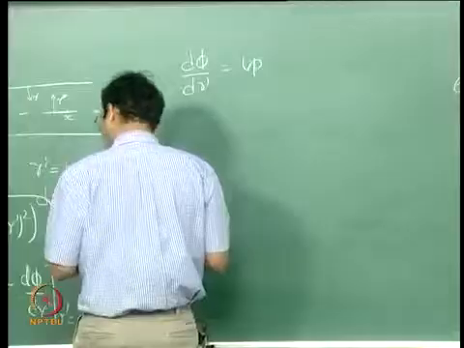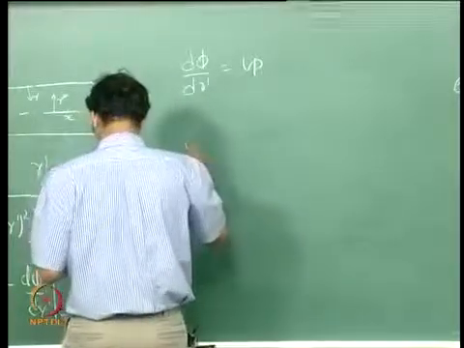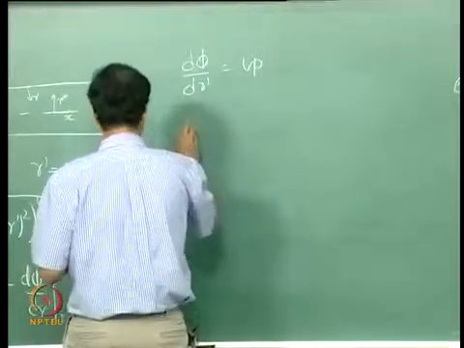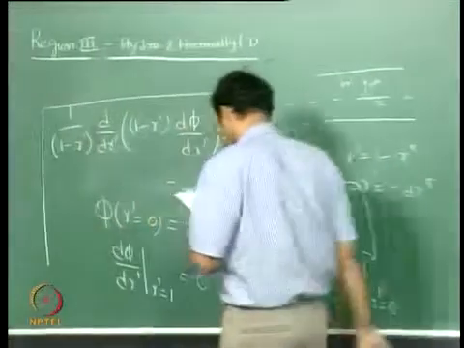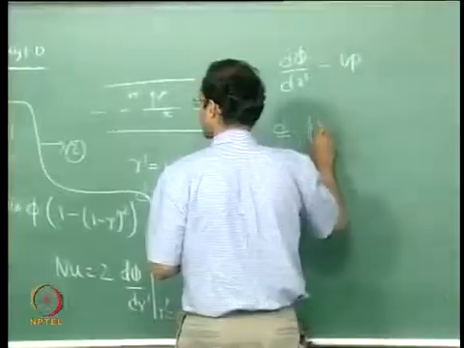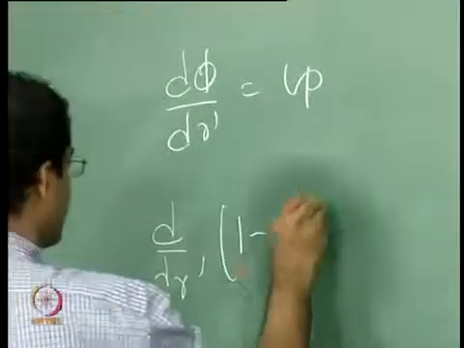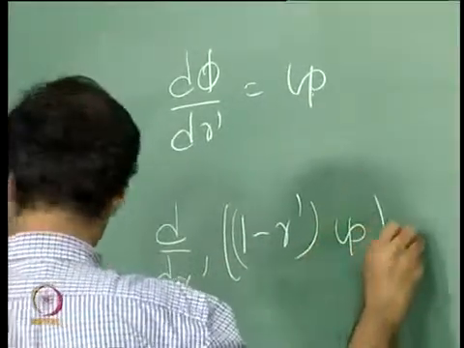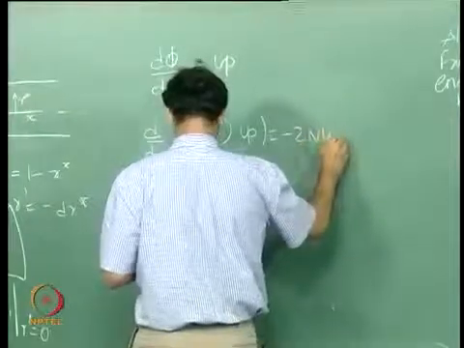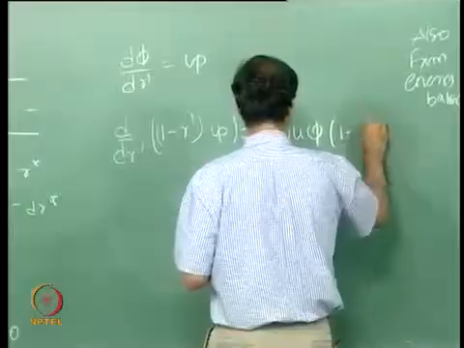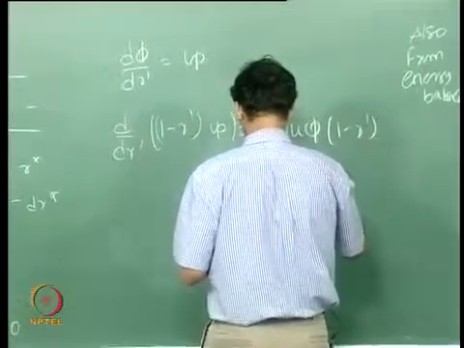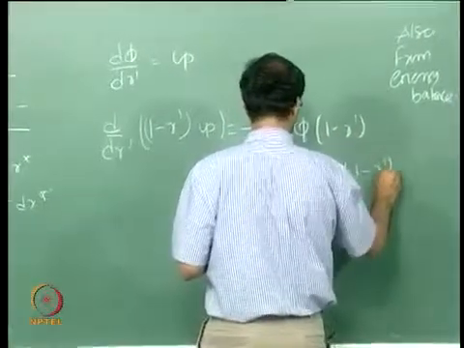Therefore if you substitute into equation number 2, you should be getting d by dr prime into 1 minus r prime into psi equal to minus nu phi into 1 minus r prime the whole square.